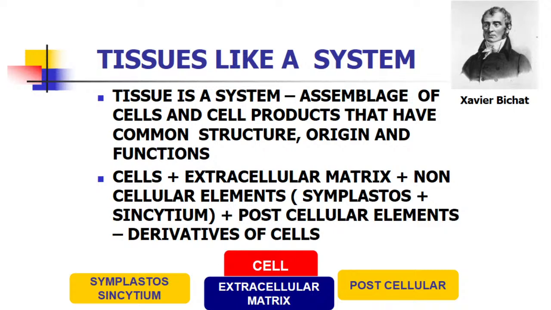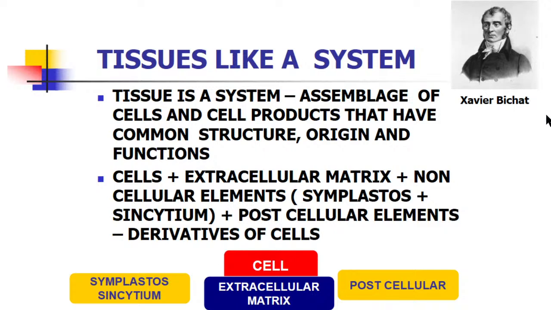So, a tissue is a system, an assemblage of cells and cell products that have common structure, origin and functions. That definition comes from the old phrase of Xavier Bichat, one of the famous histologists and founder of histology as a science.